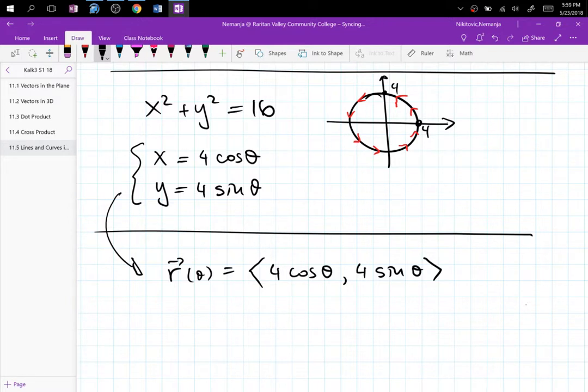We don't care whether the parameter is s or t or theta, whatever letter you use, other than x, y, z, because you are parametrizing those. We are going to use t for time, s for arc length parameterization, and theta for angle, if something depends on angle, like sines and cosines, circles, and so on. So those are the parameters that we are going to use.